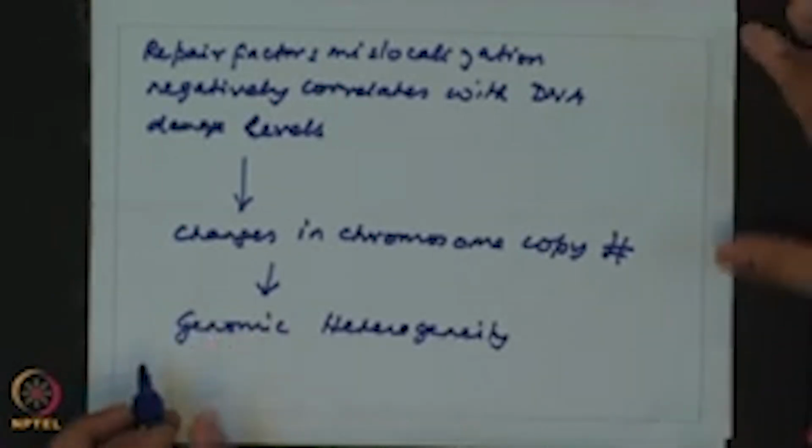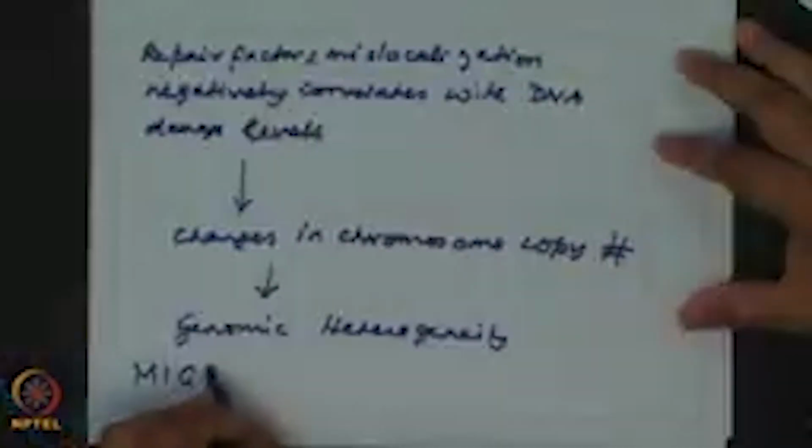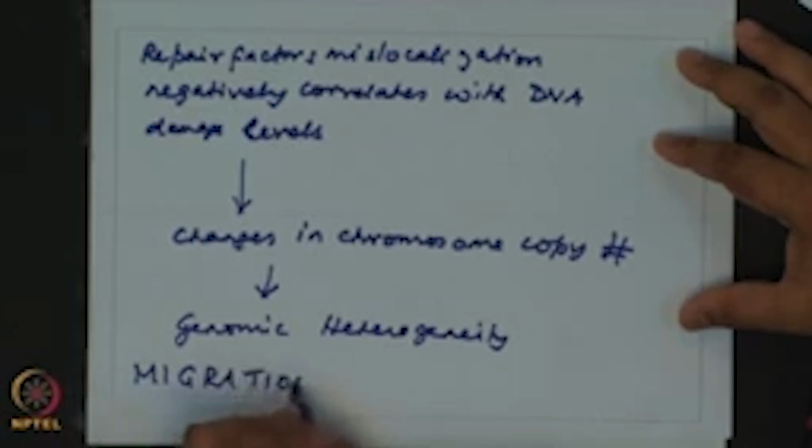So, this is a clear demonstration that physical damage to the nucleus can induce heterogeneity. This is an example of migration induced heterogeneity.